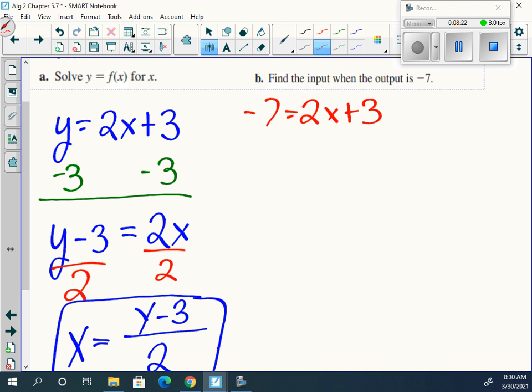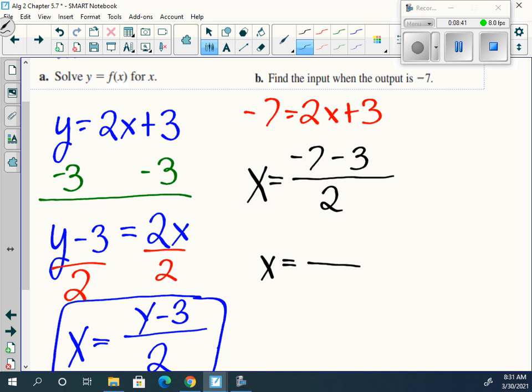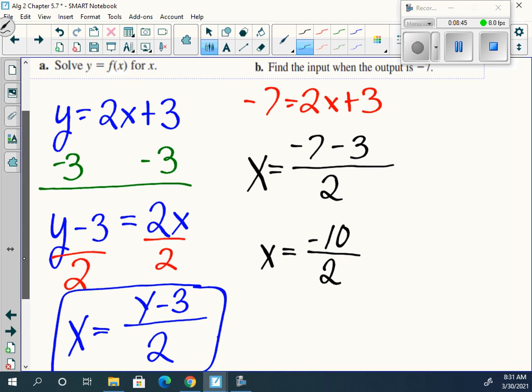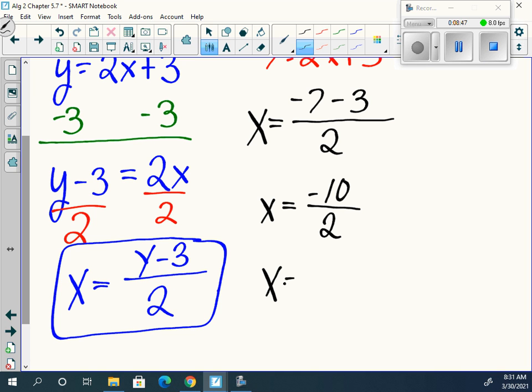But with the inverse, input is equal to -7 minus 3 over 2. It's already solved for it. So at this point here, we just need to simplify this. Well, -7 minus 3 is -10 divided by 2 is -5.